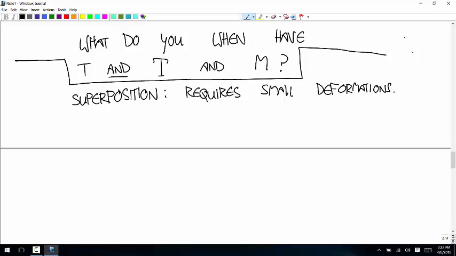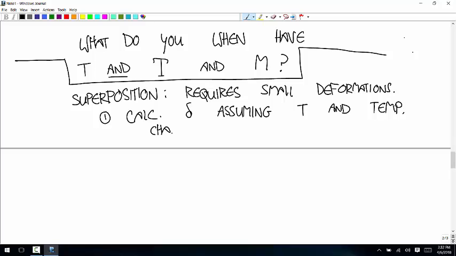And what that says is if you want to get the total deformation of this material, calculate your elongation, assuming tension, I guess, and the temp change act alone.